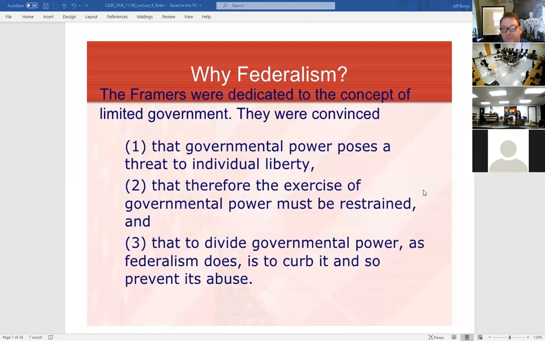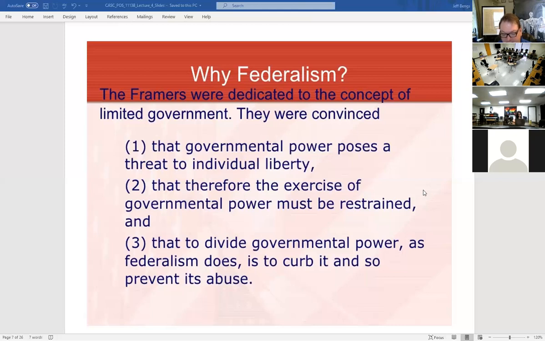And then federalism is a concept of limited government where the government power is divided or separated so that the power is curbed or diluted, that's a great word, to prevent it from abusing its power.